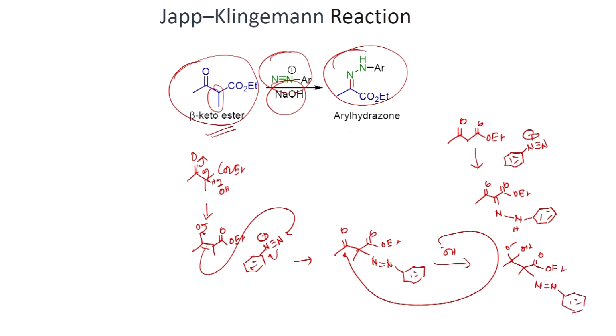Once you form this, it can cleave and you will be able to form acetic acid plus the anion.